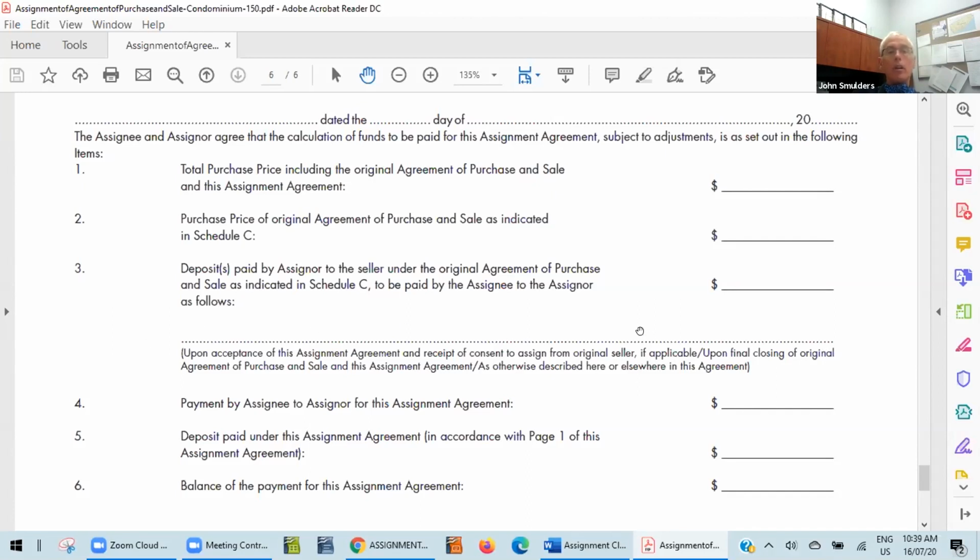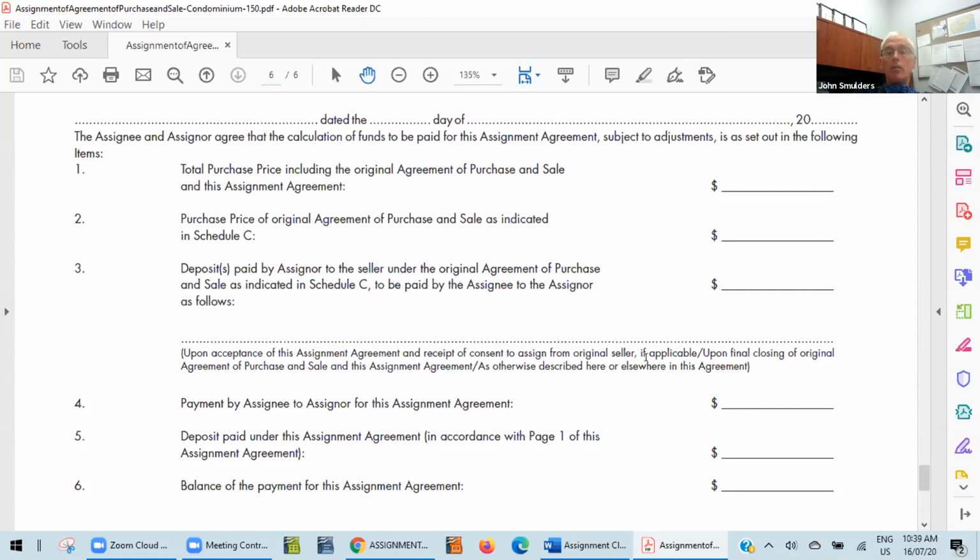These choices here, because number 3 says, deposit paid by assignor to the seller under the original agreement of purchase and sale as indicated in Schedule C, to be paid by the assignee to the assignor as follows. And you have to put something on this line. And here's your choices. Upon acceptance of this assignment agreement and receipt of consent to assign from the original seller.